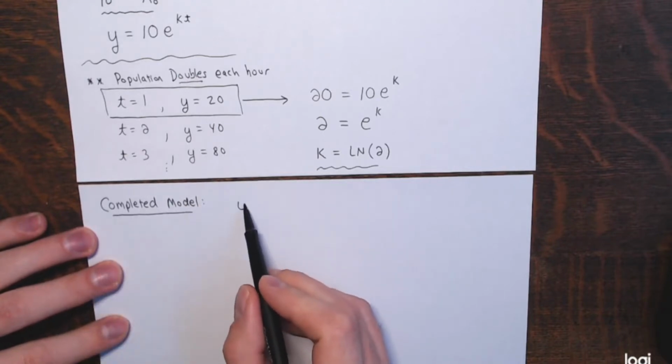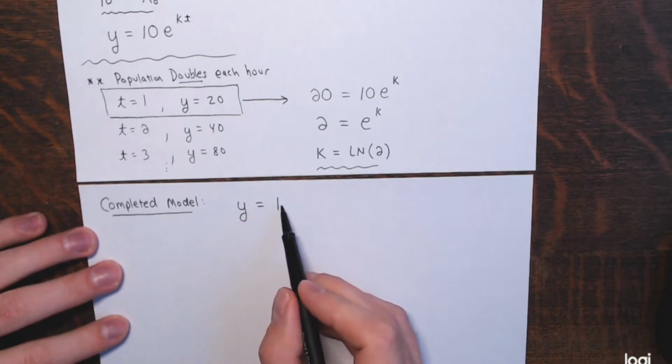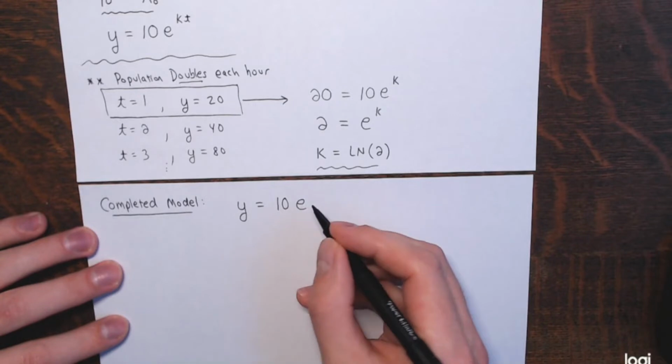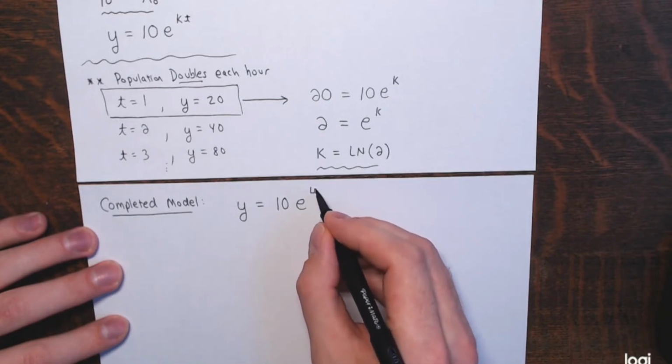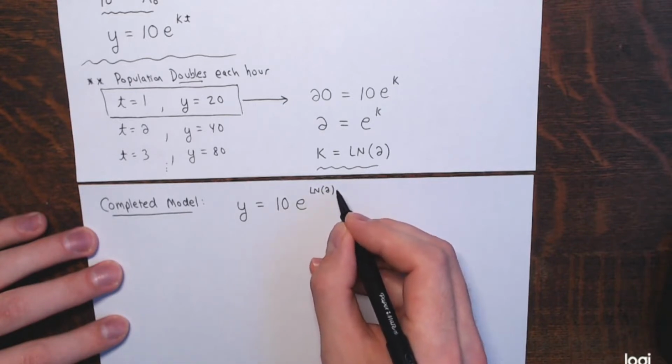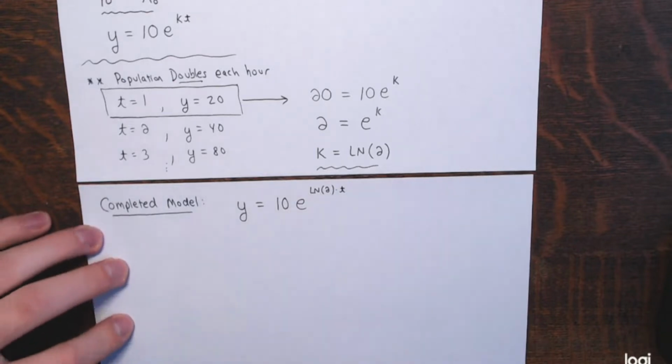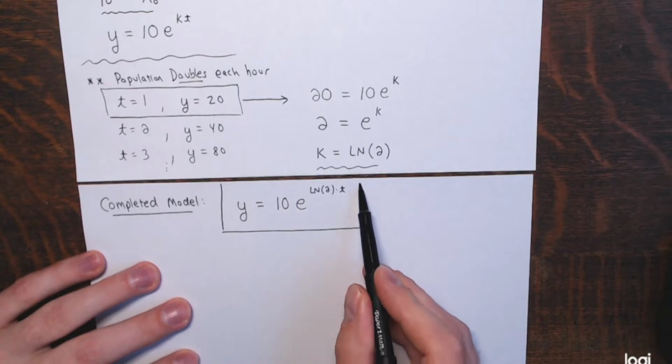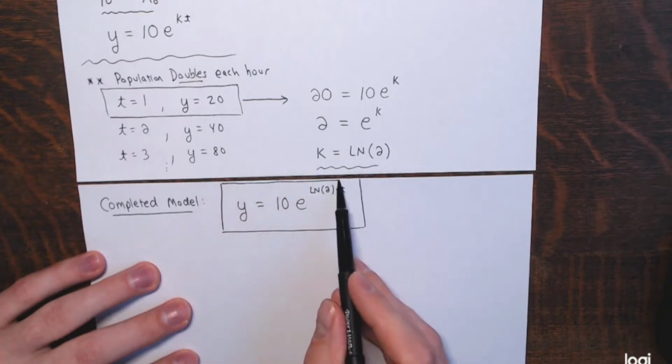Y equals 10, that was a sub 0, times e to the k, which is the natural log of 2, times t. And this is great right here. You can leave it this way if you wish.